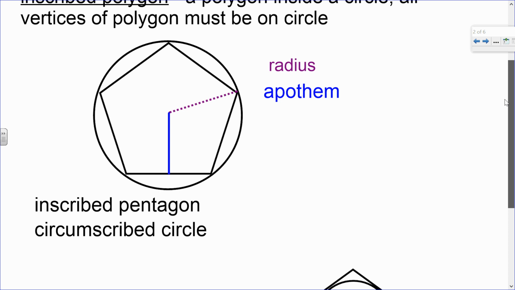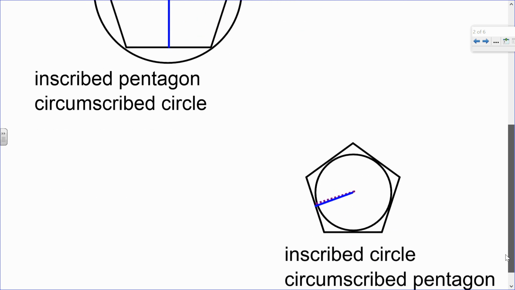It does not go all the way to the circle, does it? So here, the apothem in blue is shorter than the purple, which is a radius of the circle because it does go all the way to the circle. When I have them drawn this way, the apothem is the same as the radius of the circle.